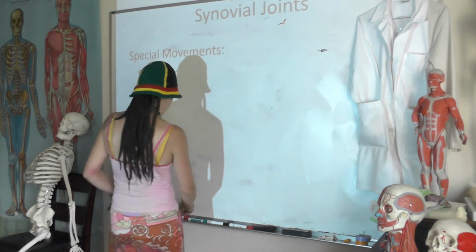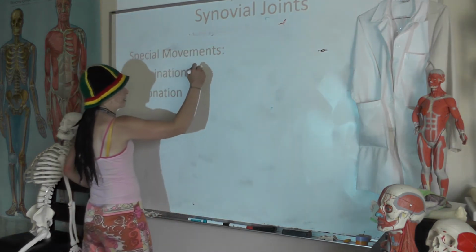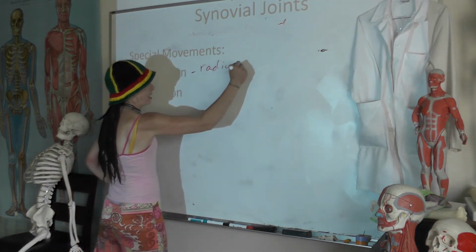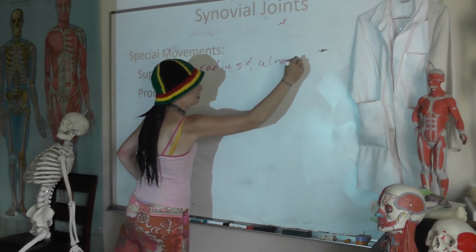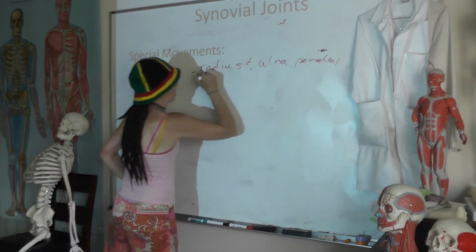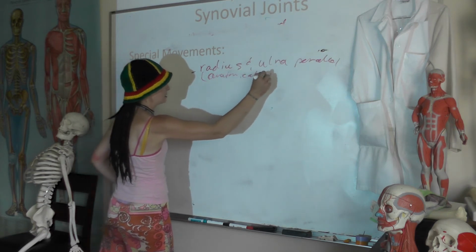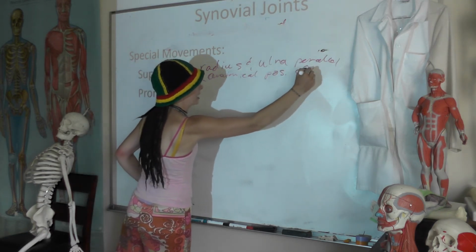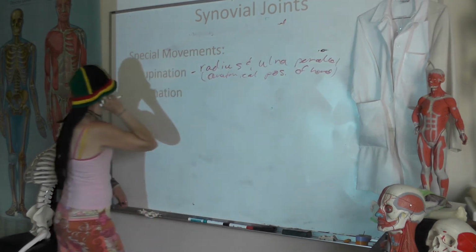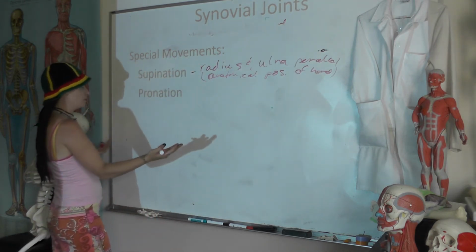So in supination, this is when my radius and ulna are parallel. And we'll just put in our pocket that this is when I'm in anatomical position. This is how my hand is. So anatomical position of the hand is supination. And you can hold a cup of soup.